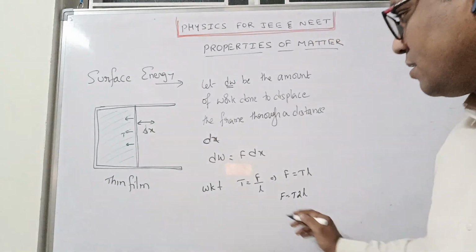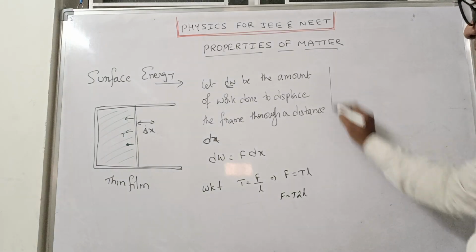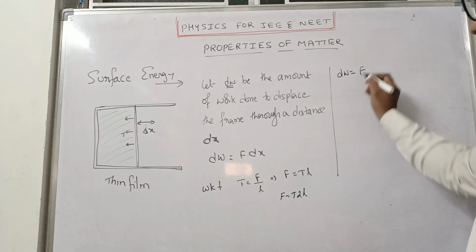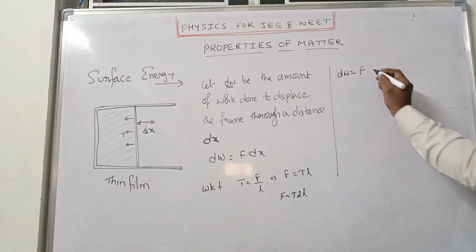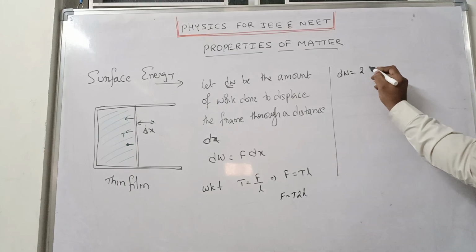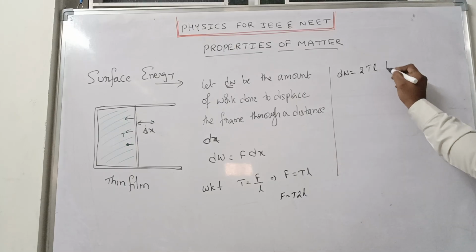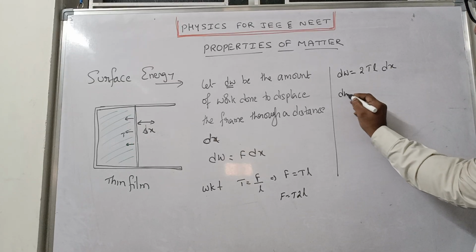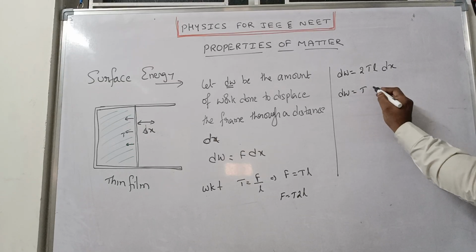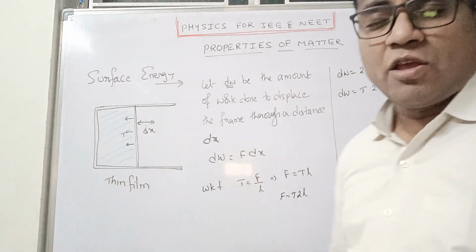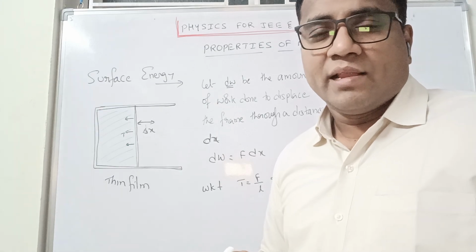Clear? Now see here. Therefore dW is equal to force into dx, where force is 2TL. So dW is equal to 2TL into dx. Now again I am modifying: dW is equal to T into 2L dx. What is L dx?